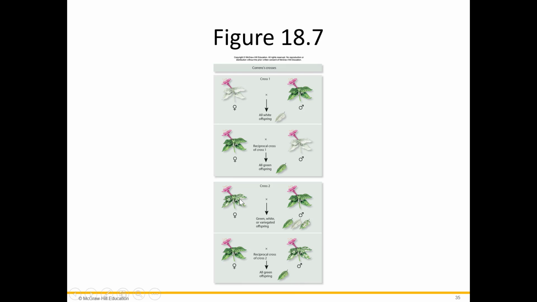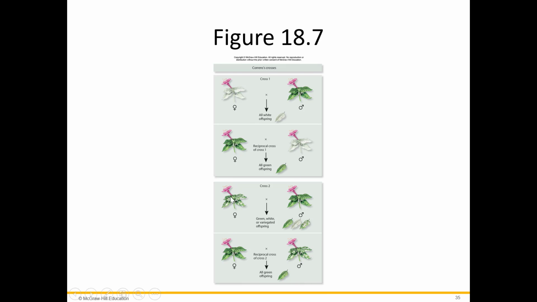If you have a variegated female and cross that with a male plant of pretty much any other color, you're going to end up with various possibilities. They could be green, they could be white, they could be variegated. And in the reciprocal cross, if you do the green plant with a variegated male, then you get all green. The point here is that the male coloring has no effect, so you're really just looking at the female lines.